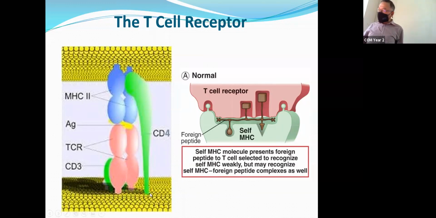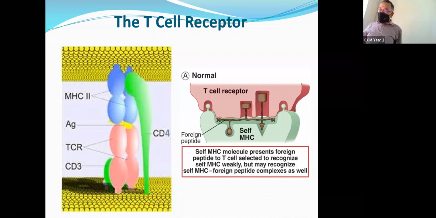That is generated by the CD3 complex, so that as soon as the T cell receptor sees antigen, this CD3 complex joins onto the T cell receptor and then undergoes these chemical phosphorylations to transduce the signal to the nucleus to direct that T cell to make cytokines or be cytotoxic or whatever.